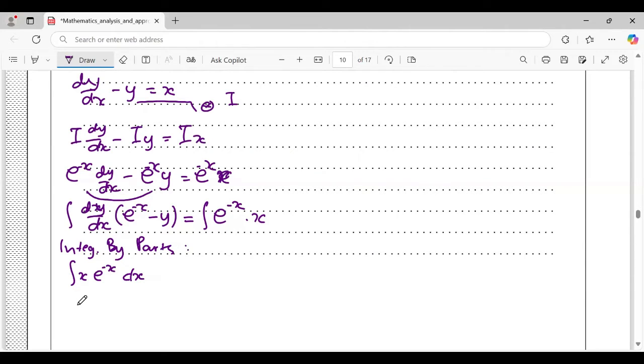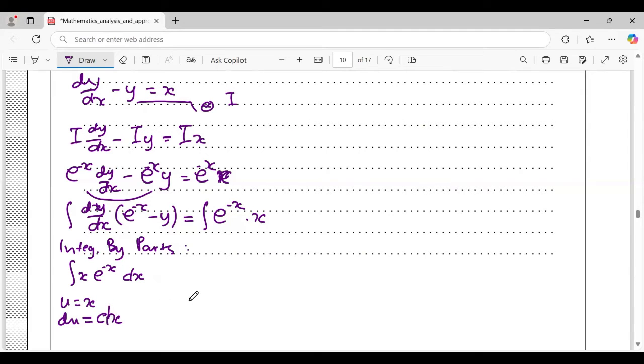Integration by parts: integral u dv equals uv minus integral v du. So u is x, so du is 1 dx.